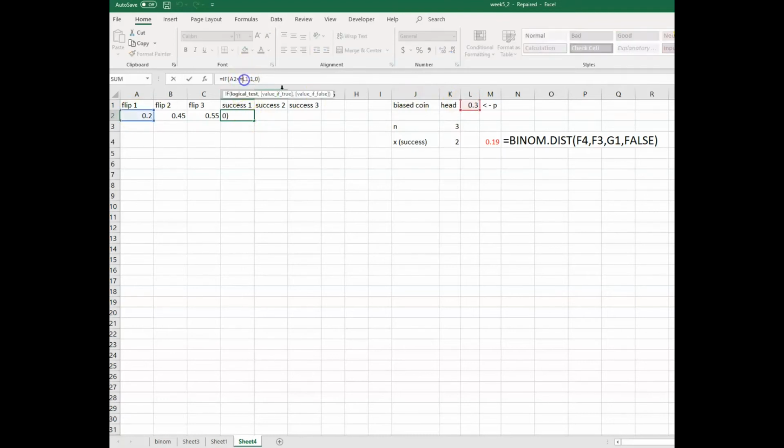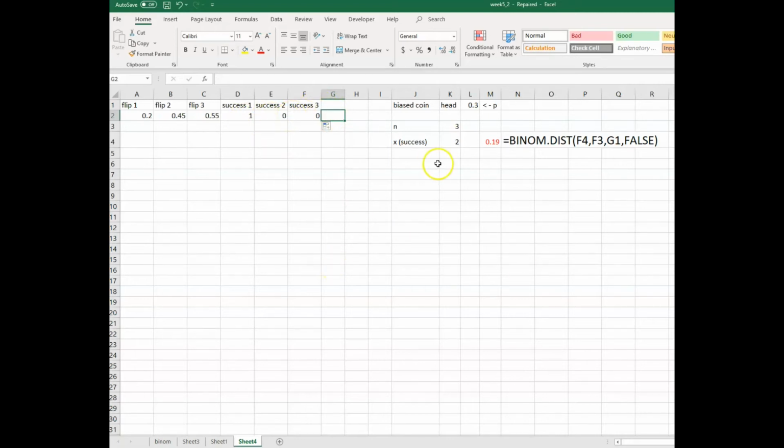Before we copy and paste, let's fix it with F4. Then we copy and paste. Because this number is less than 30%, it's a success. If it's above 30%, then it's a failure. So our summation will be 1. If we try once, we flip a coin 3 times, so this is 1, 0, 0.